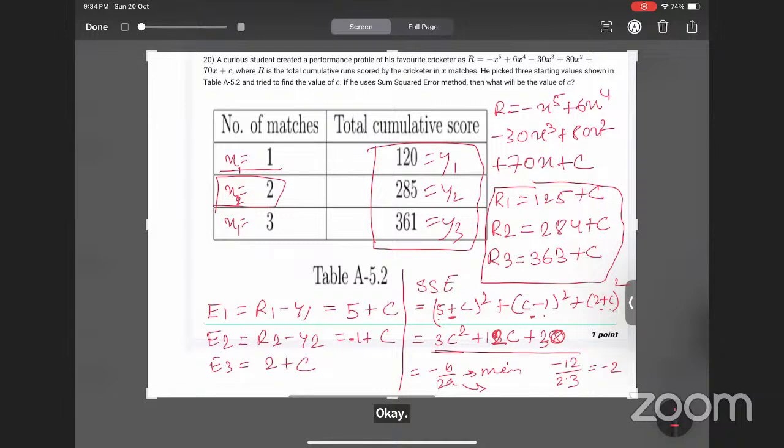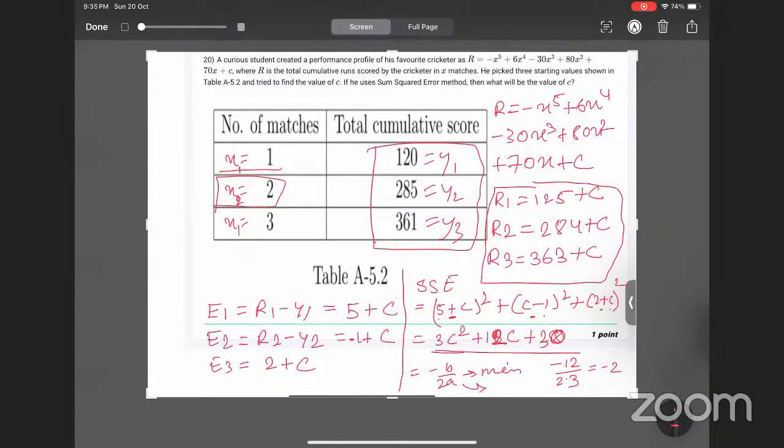Maybe you can check it once. What is the final equation you are getting? The final equation is correct, right?